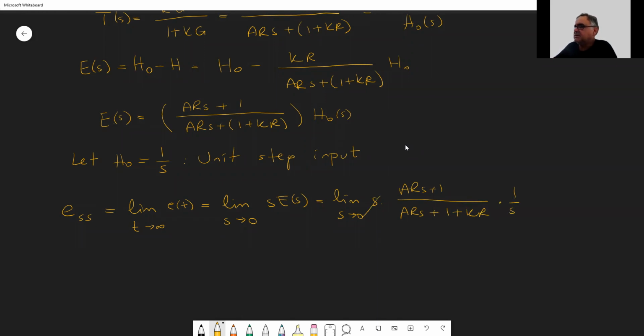Okay, these s's cancel, fortunately, and the s terms go to 0, and what we are left with is that the steady state error is 1 over 1 plus KR. Okay, so the steady state error is not 0.